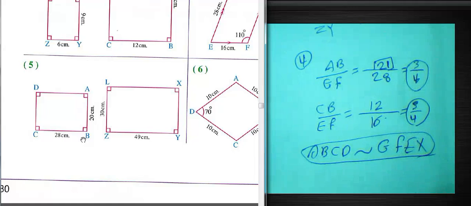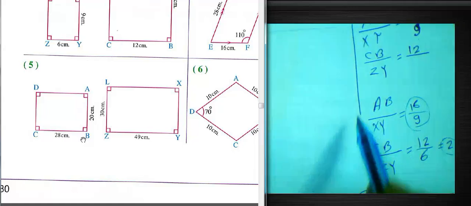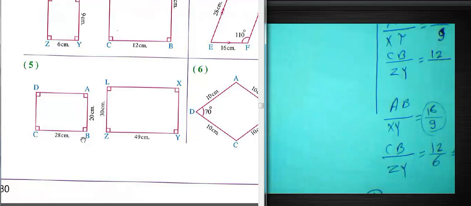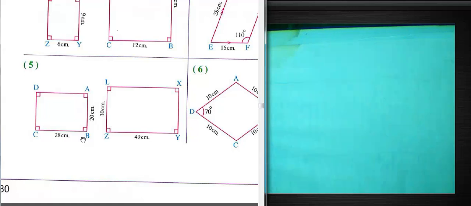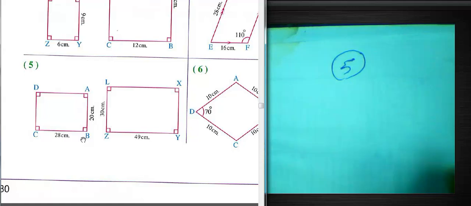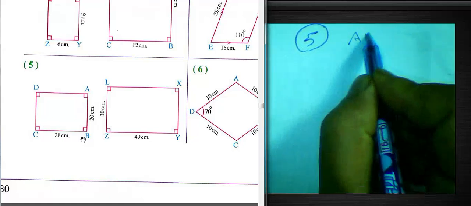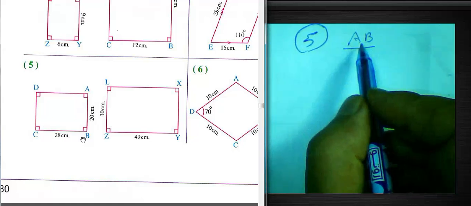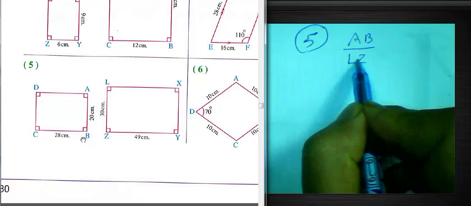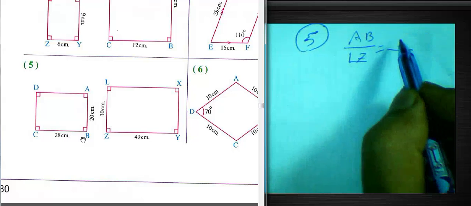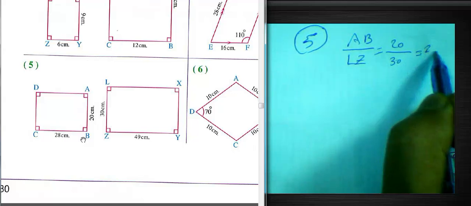Two dimensions, lengths and widths. Question number 5. AB over LZ, AB equal 20 over LZ, LZ equal 30. The result will be 2 over 3 in simplest form.